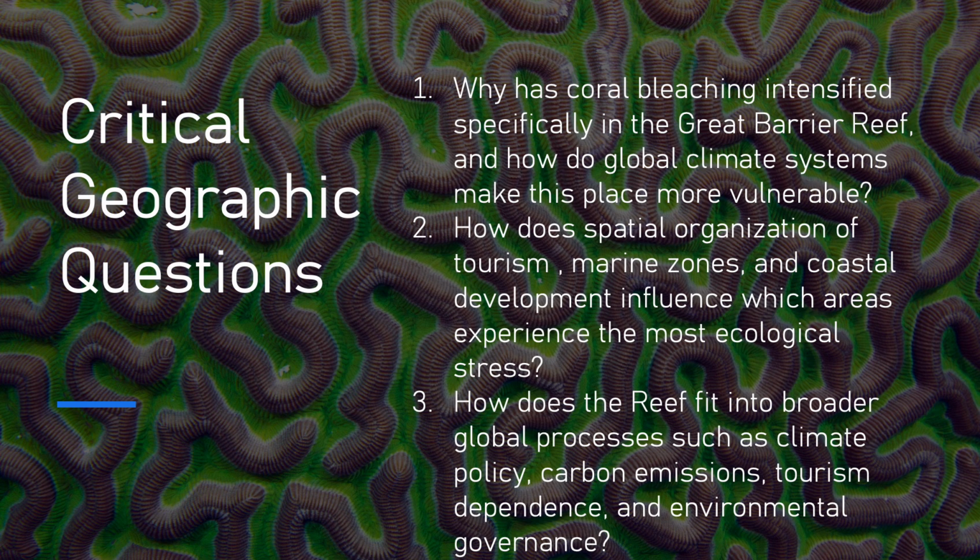And the third is, how does the reef fit into broader global processes such as climate policy, carbon emissions, tourism dependence, and environmental governance? These questions help shift our thinking from simply describing the reef to understanding the geographic forces shaping it.